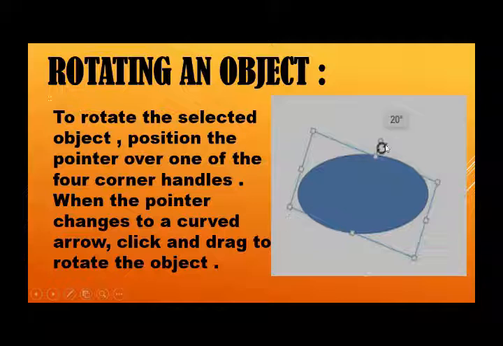And this is the rotator, this curved arrow, the two curved arrows. If you put the pointer on the rotator and click, it will rotate your picture in a circular position.